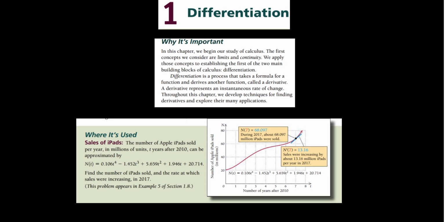By evaluating the function at 7, we see that we sold about 68 million iPads. That's, I hesitate to say, the easy part. That's what we've been doing in a lot of classes leading up to this course. However, we want to know how much sales were increasing by. The way we do that is through calculus, the instantaneous rate of change.